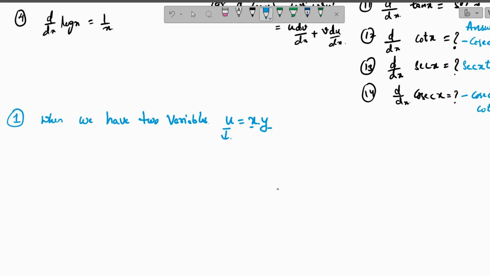Okay, so now when you do dou u by dou x here, when you are differentiating with respect to x, you have to treat y as a constant. Similarly, when you are differentiating u with y, x is treated as constant.